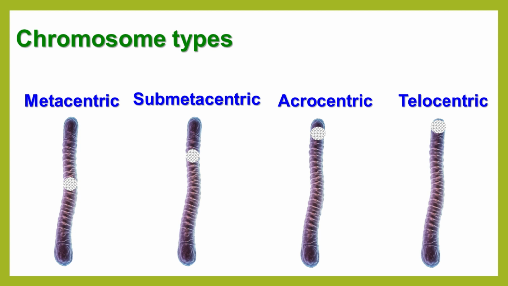Next are the acrocentric chromosomes, in which the centromere is located near one end of the chromosome, but a small arm can still be seen, though we can't measure its length. And finally, the telocentric chromosomes, in which the centromere is completely at one end of the chromosome, so these chromosomes have only one arm. This characteristic of chromosomes is one of the methods to identify homologous chromosomes.